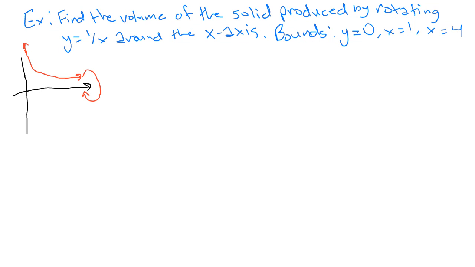When we do that, we have this piece right here that's going around and turning, and similarly this piece. That's how we get a solid, and if we take our bounds, we get a solid that looks a little something like this. So that gives us a better idea.